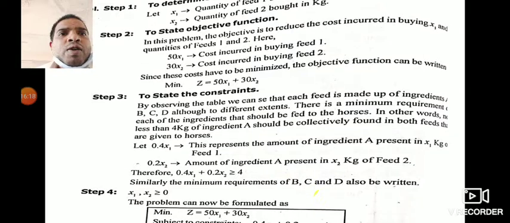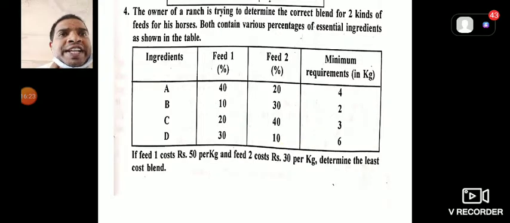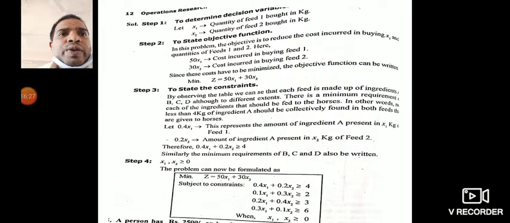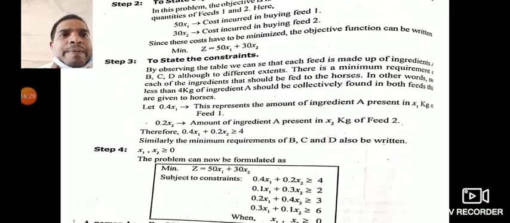And third step, to state the other constraints: how much of the ingredients A, B, C, D you are going to use in terms of percentage. We can write the constraints like this: 0.4 x1 plus 0.2 x2.